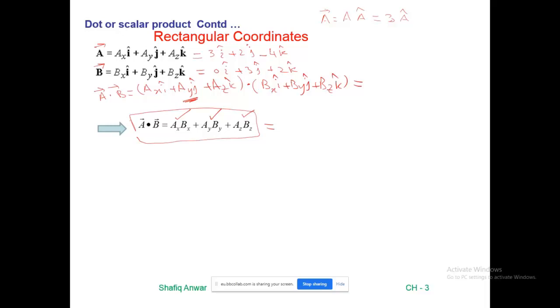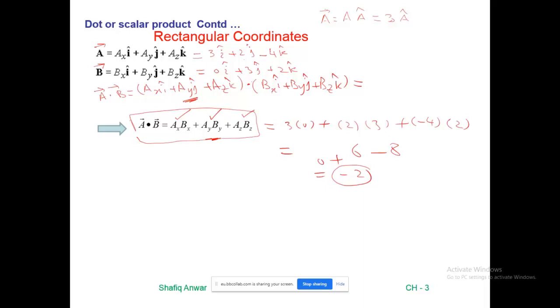This is ax 3 multiplied by bx, which is 0, so you have 0, plus ay multiplied by by, ay is 2, by is 3, plus az bz, az is minus 4 and bz is 2, you get 0 plus 6 minus 8, you get minus 2, your answer. Okay, that's it, how we do this.